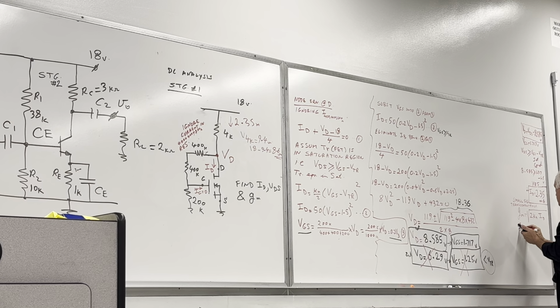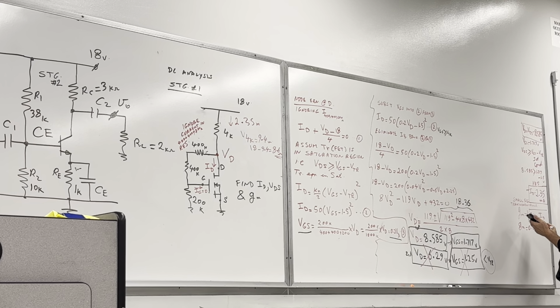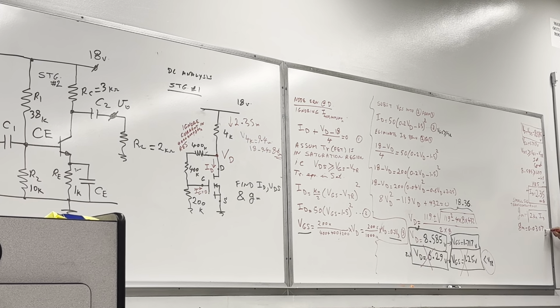GM is equal to 0.0307 S, it's in Siemens.